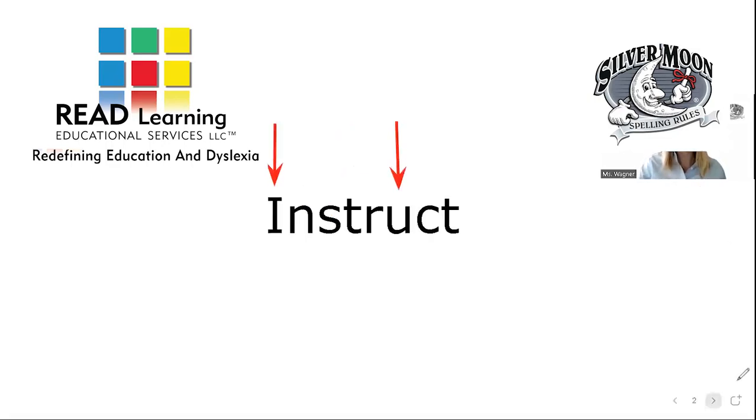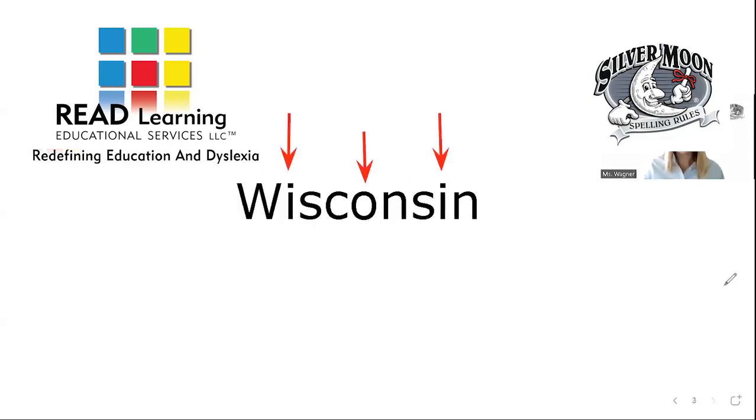And if we move on to a more complicated word, such as the word instruct, instruct has in print two vowels not next to any other vowels. Therefore, the word instruct has two syllables. If we move further to a bit longer word, the word Wisconsin in print has three vowels that are not next to any other vowels. Therefore, there are three syllables.